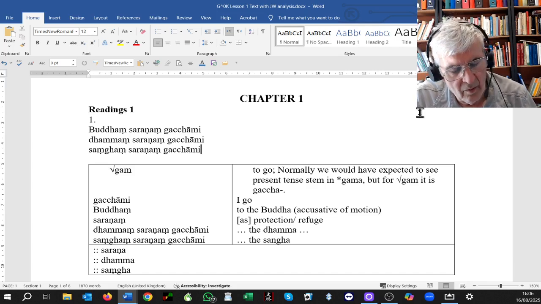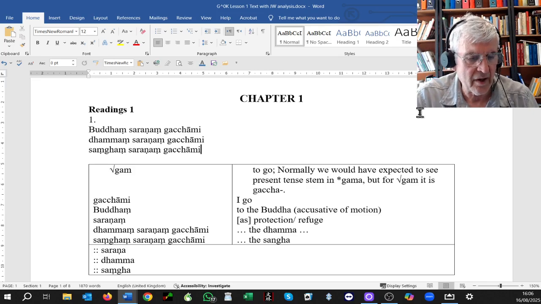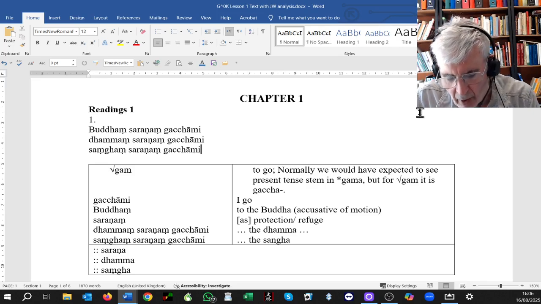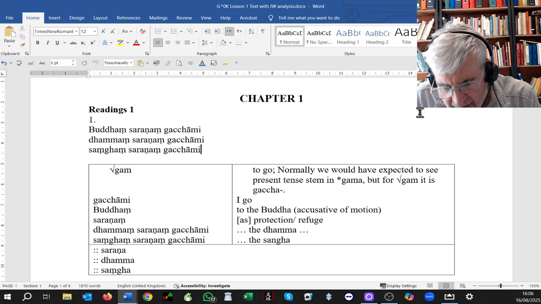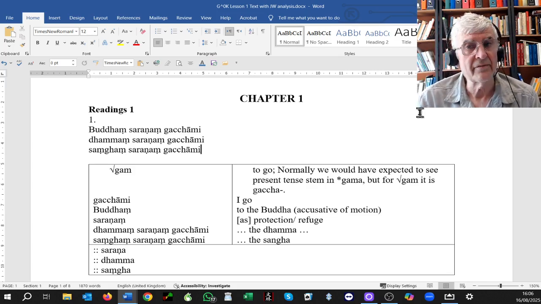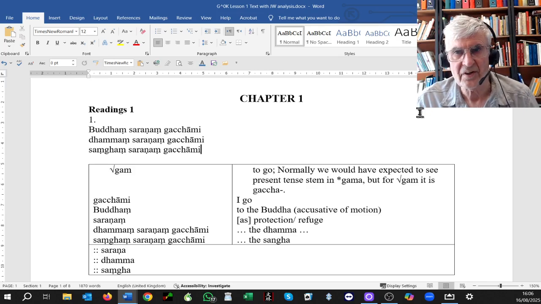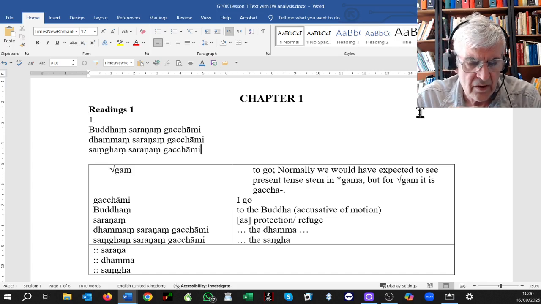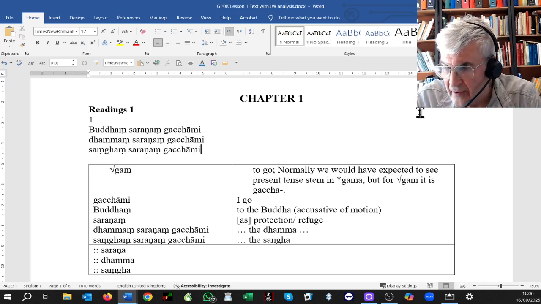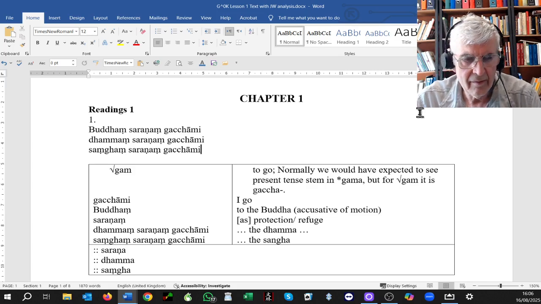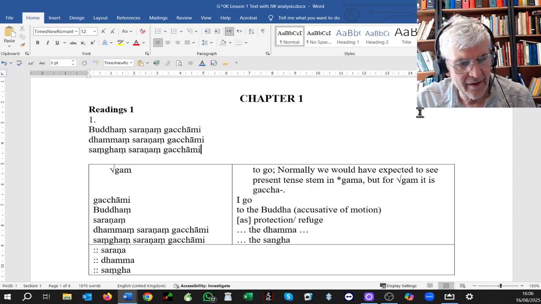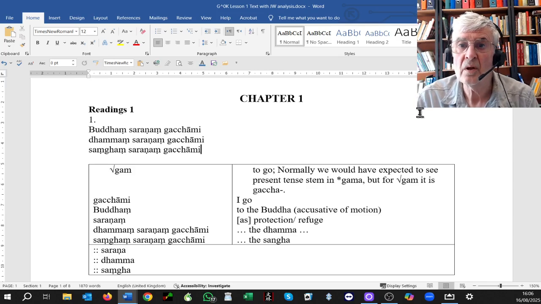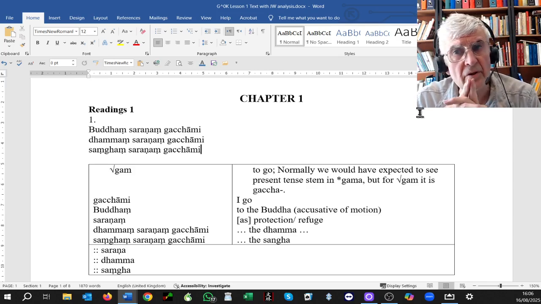So, although I'm not saying that the translation refuge is wrong, I am saying that it can be slightly misleading if it's interpreted as refuge in the sense of being a refugee, of running away from something. It's not quite like that. It gives you protection while you're in the thick of the fight. There are so many cases in the scriptures where we have the imagery of battles.